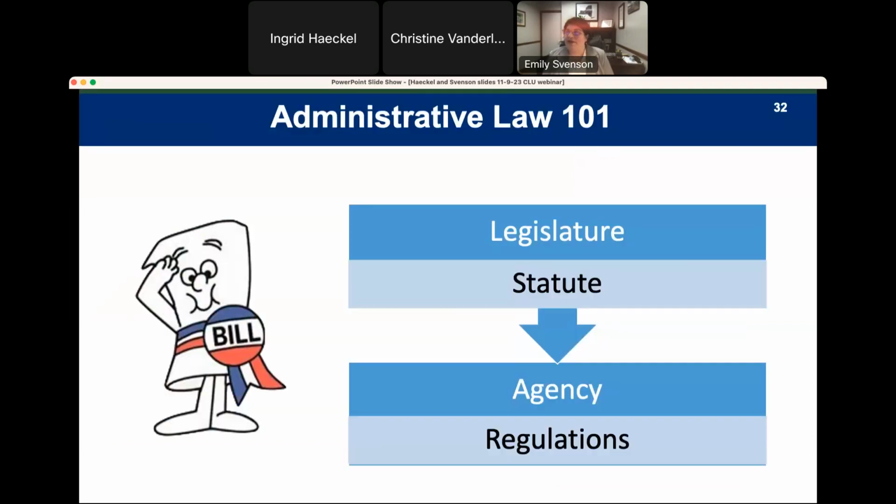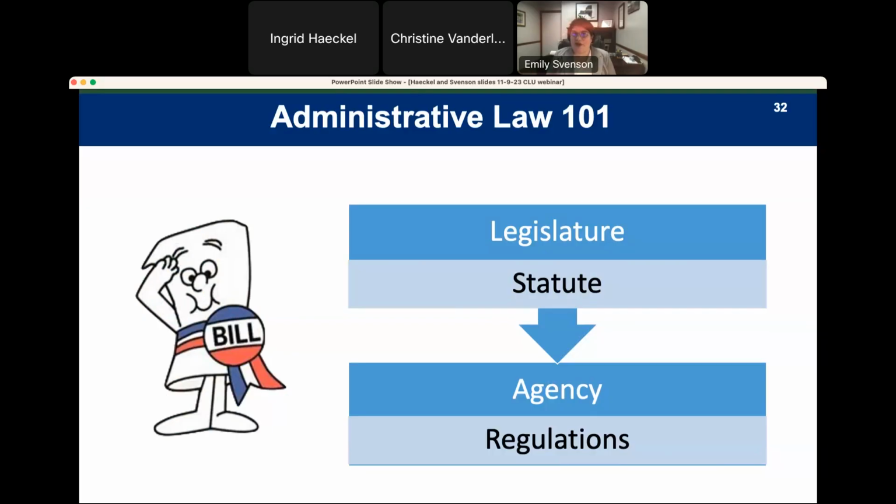Okay, so just to put us all in the same frame of mind here, I want to just remind folks where laws come from, right? What we typically call laws are statutes, and those statutes are adopted by legislatures, state legislatures, and the federal government, Congress.